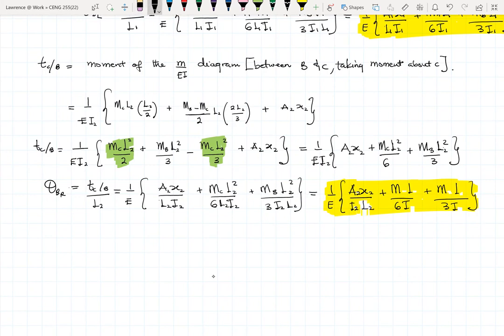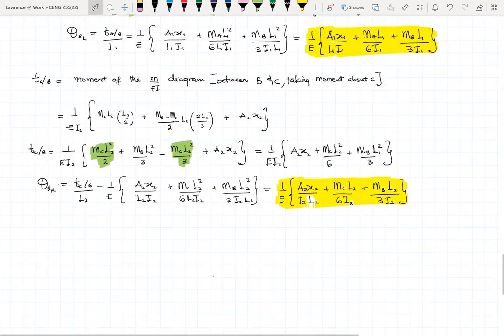So L2, and this is MC L2 over I2, then MB L2 over I2. Okay, so we have these two equations that we need to deal with.